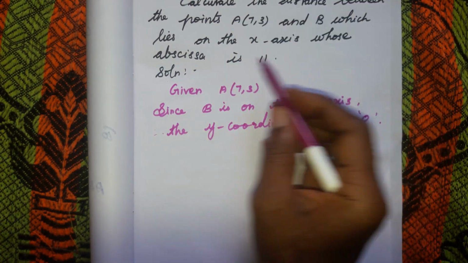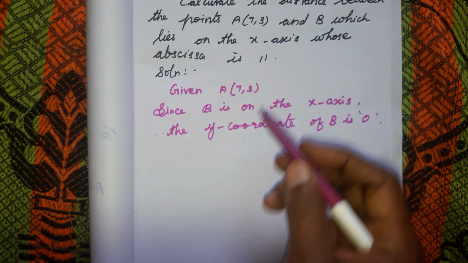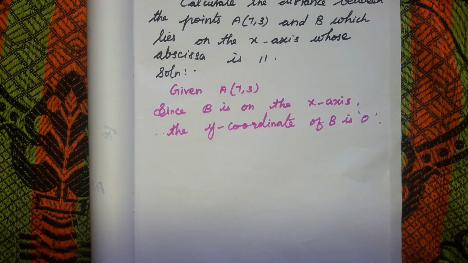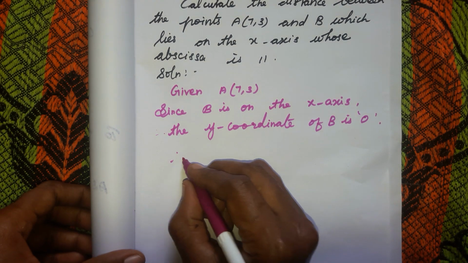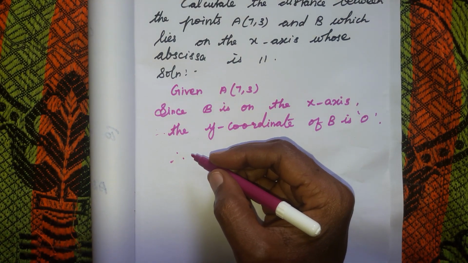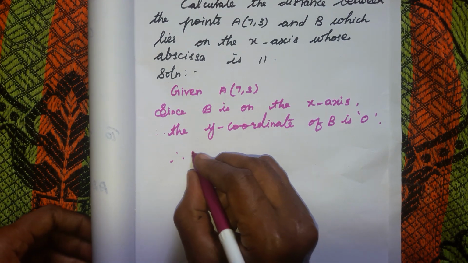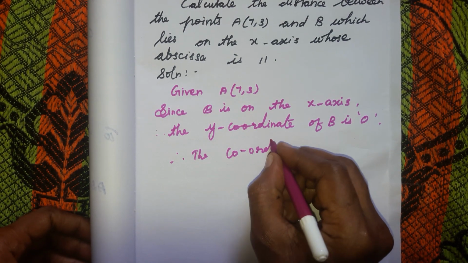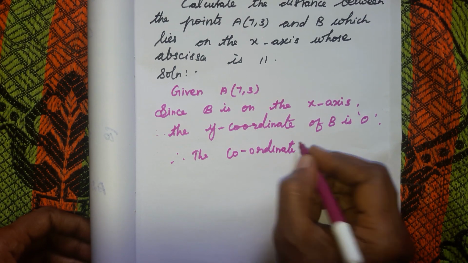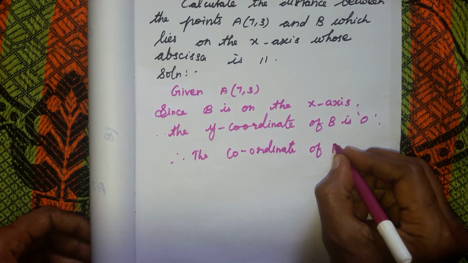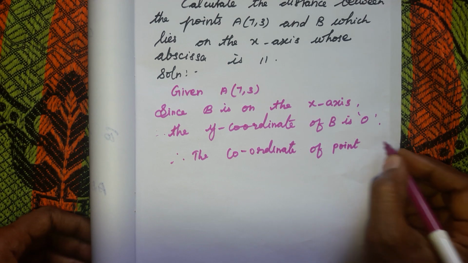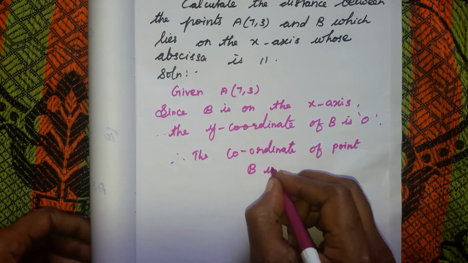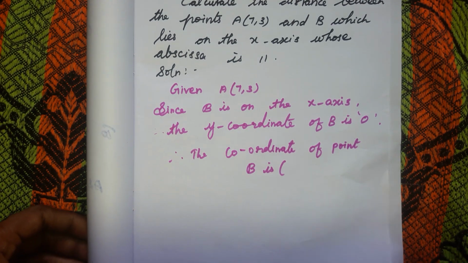Next, the abscissa is 11, like that it is given. Therefore, what is the coordinate of point B?